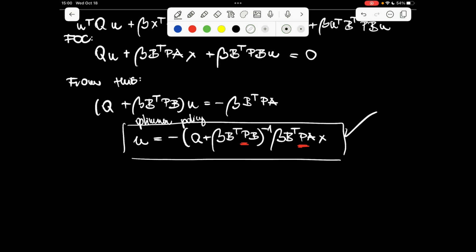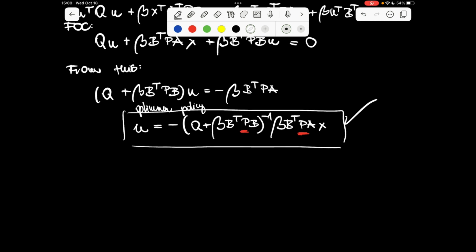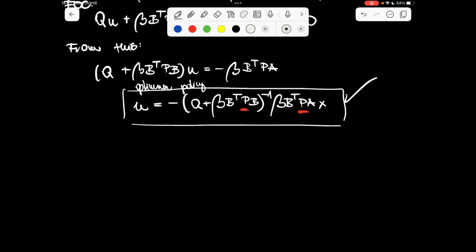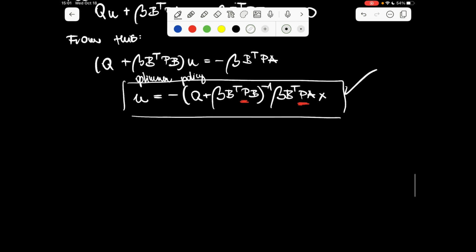By putting this optimum policy back into the Bellman equation, we get not the same, but a very similar Riccati equation. So given that we have no quick solution, there is a job to do.